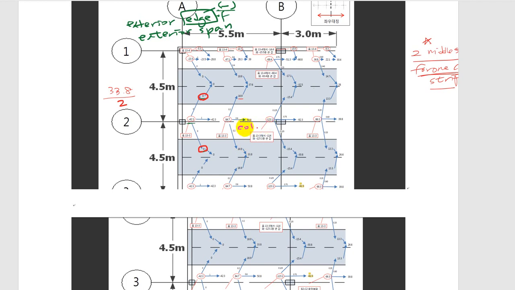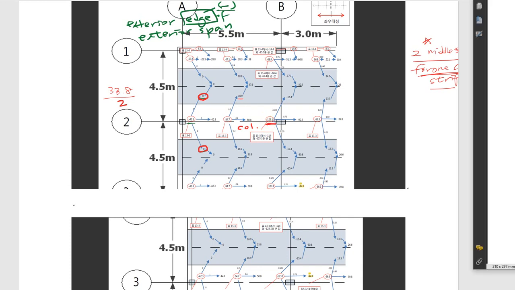Okay. And next is the negative moment. We decide to take the big one, right? If you remember, we decide to take the big one. Right here, the big one. Okay.